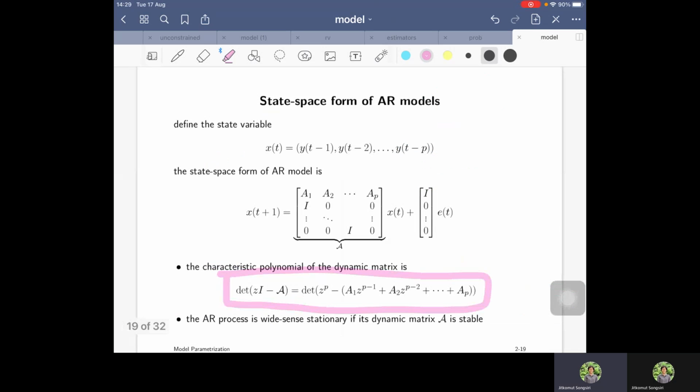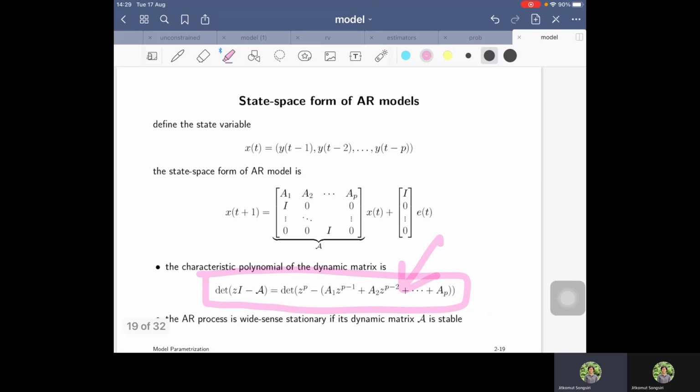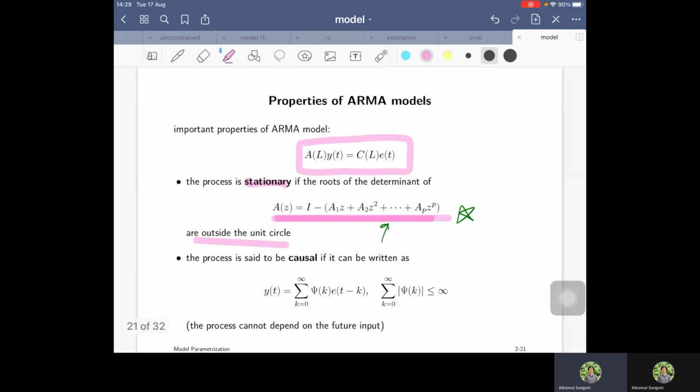I would like to mention that in this condition, we want the root of this one to lie inside the unit circle, but because that expression is actually represented as the reciprocal of the root of the blue one, the root of the blue one must lie outside the unit circle.